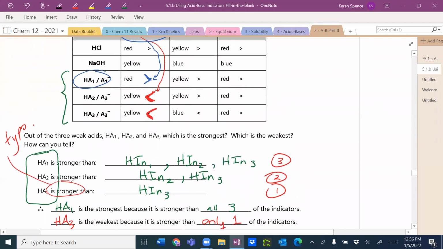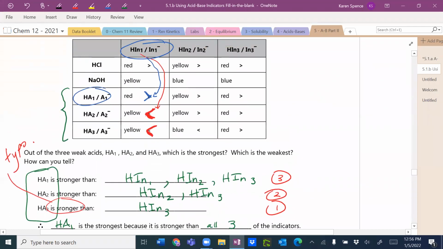HIN2. Who is HIN2 stronger than out of our 3 weak acids? Only HA3, that's right. The other ones it is weaker than.